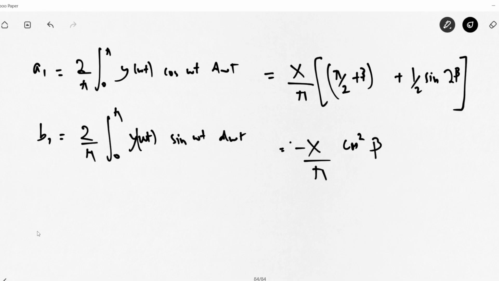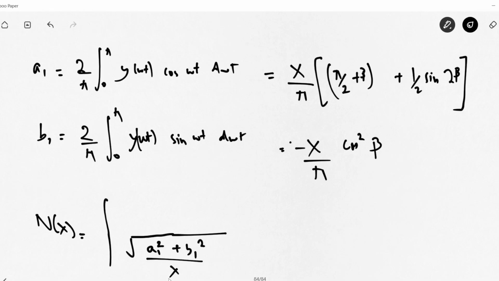Fine. Therefore N of x for this case will be equal to under root of a1 square plus b1 square, substituting these values of a1 and b1, divided by x, and the angle will be tan inverse of b1 by a1.